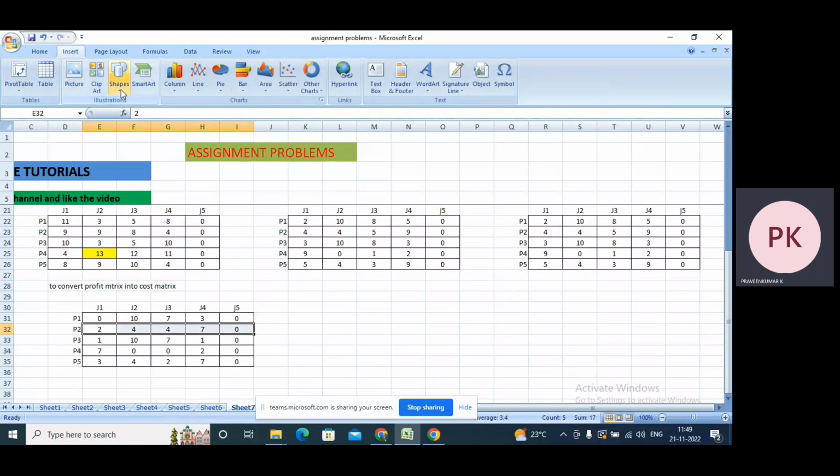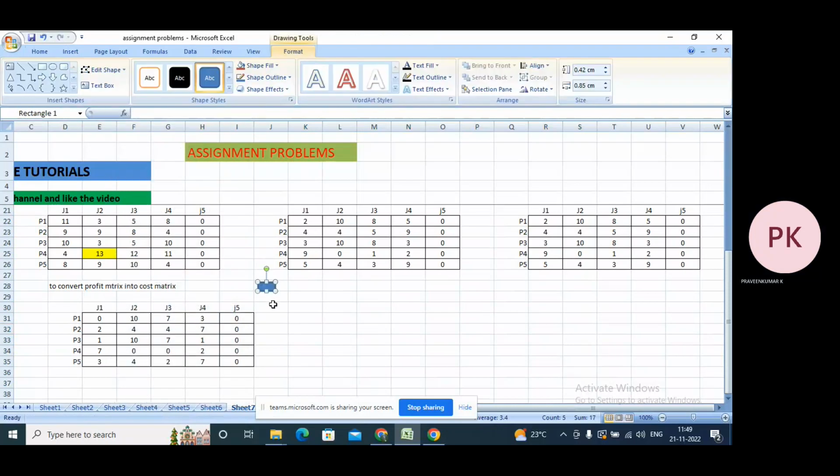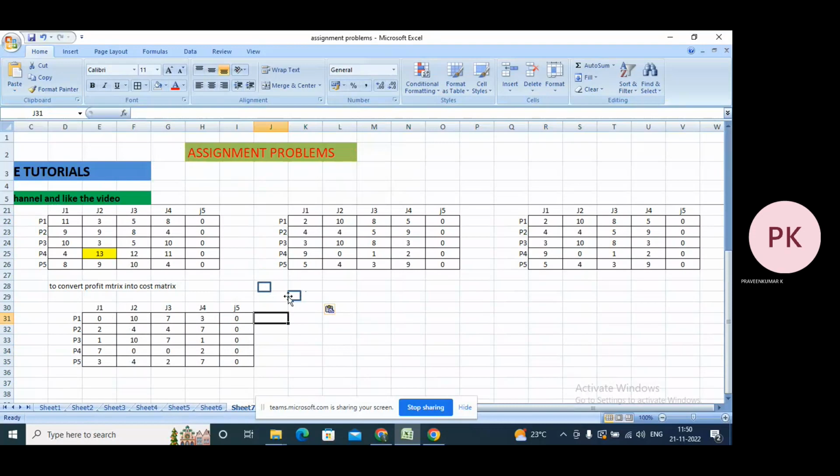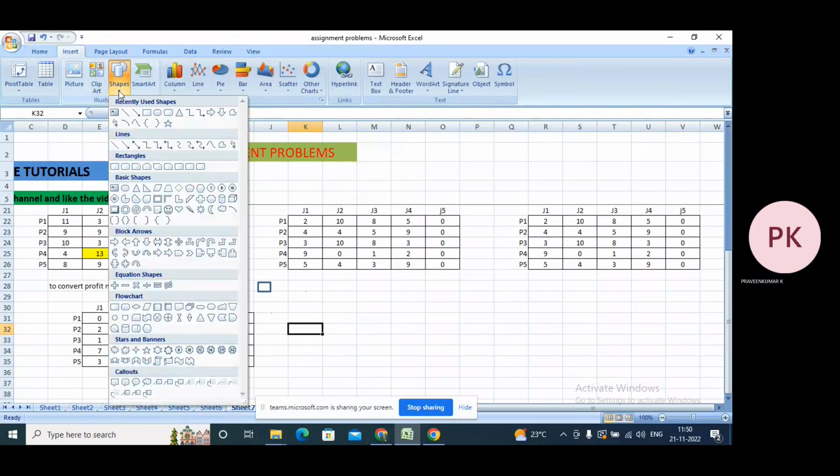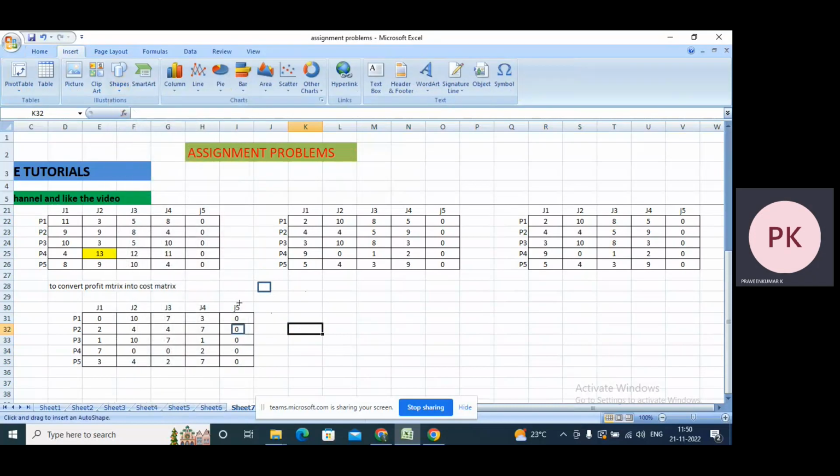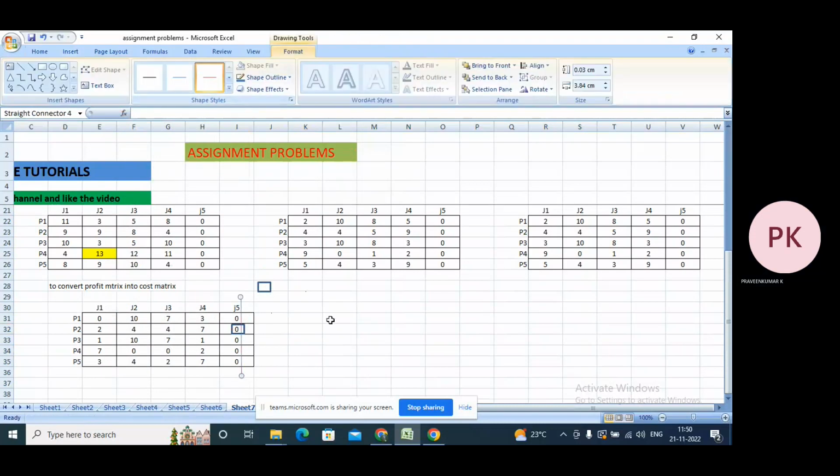So allocate this element, and I'll cancel the corresponding column. This is my corresponding column.